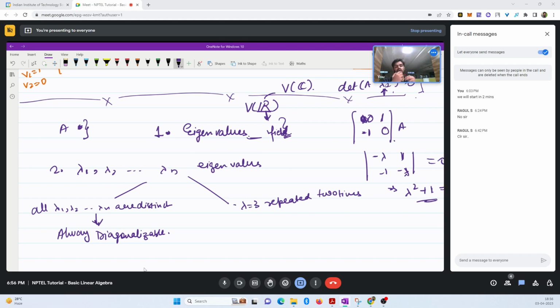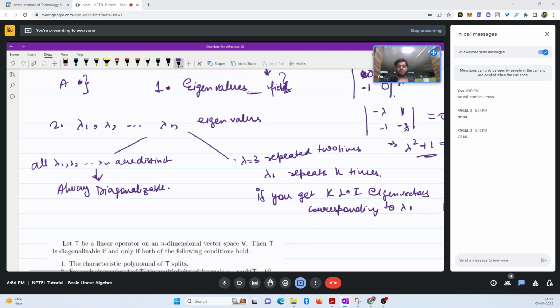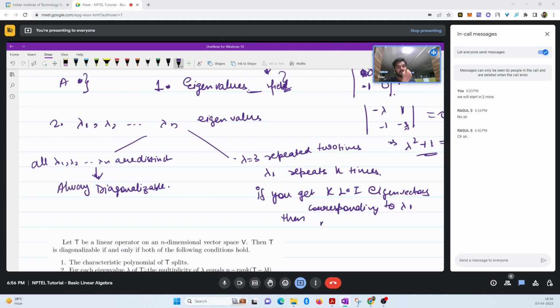So for the case when some lambda, let's call it lambda 1, repeats k times, then if you get k linearly independent eigenvectors corresponding to lambda 1, then the matrix is diagonalizable.